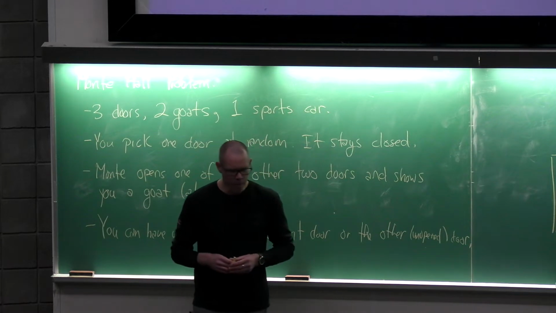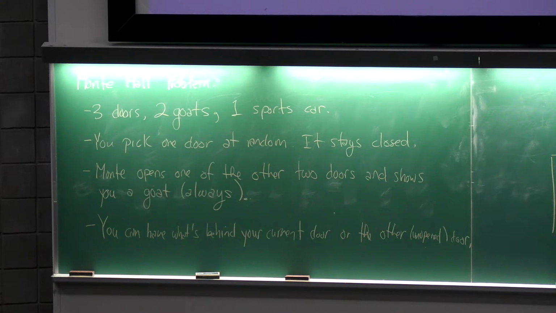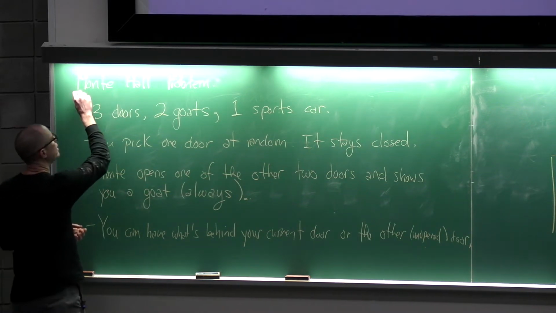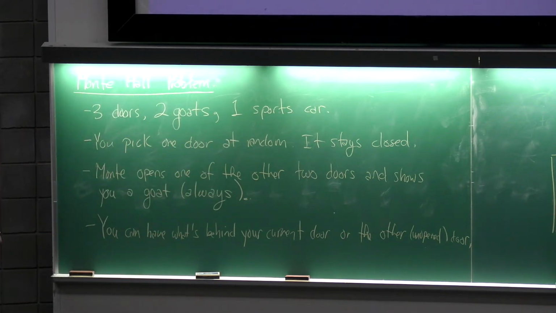Before we jump into the definitions, we'll start with a toy problem that some of you may or may not have seen before. It's called the Monty Hall problem, or the Monty Hall dilemma. It goes back to an old TV game show called Let's Make a Deal.